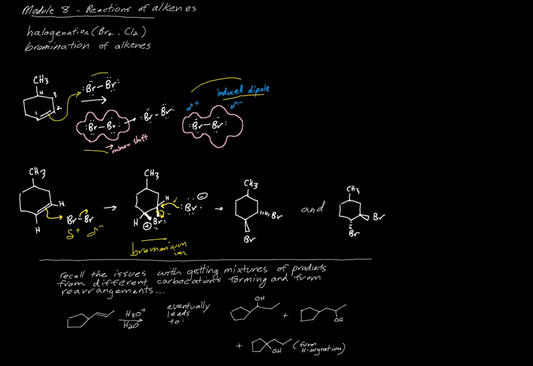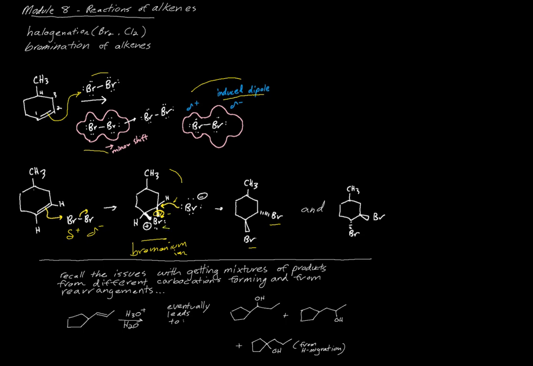Notice these electrons of this bond are going toward a full plus charge. Notice the bromine that was bonded initially stays on the top face of the molecule, while the bromine coming in comes in from underneath. That makes sense if you really look at the bromonium ion intermediate.